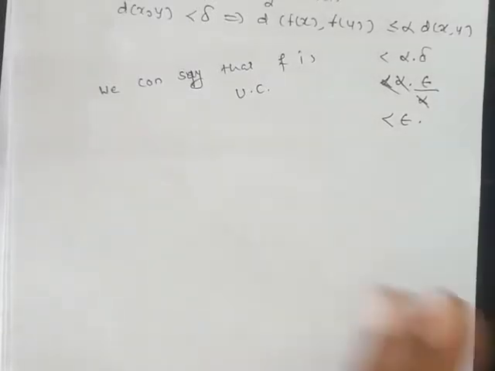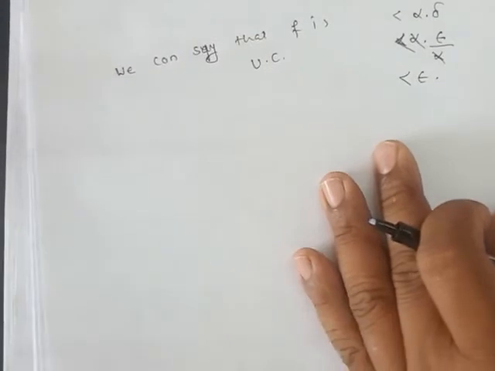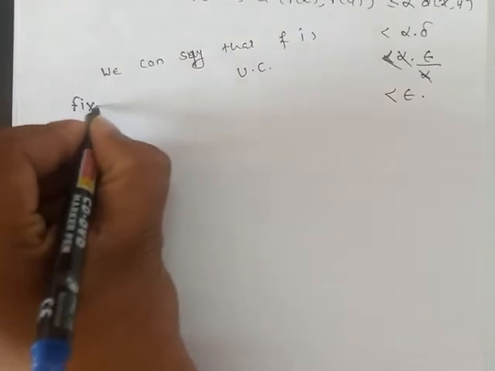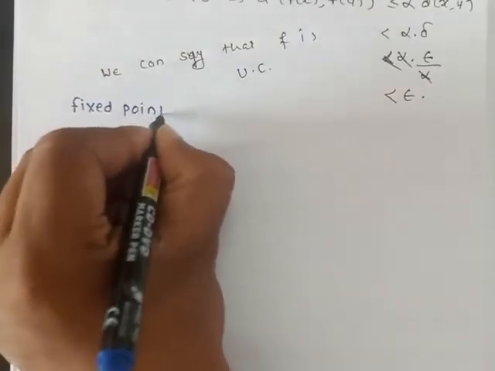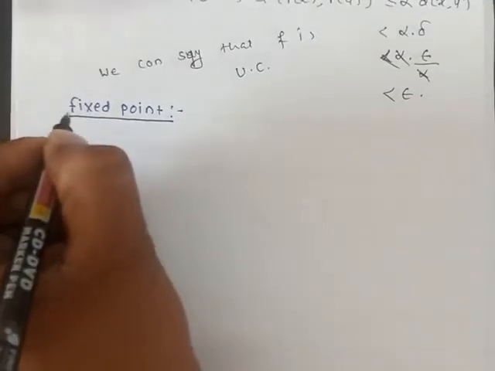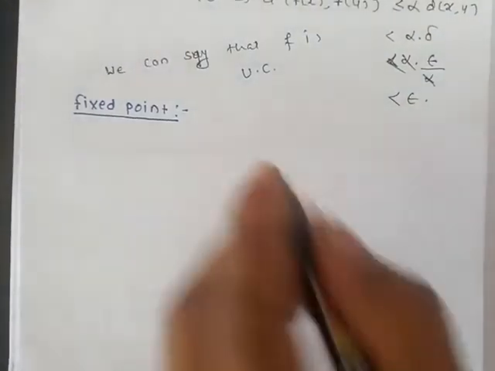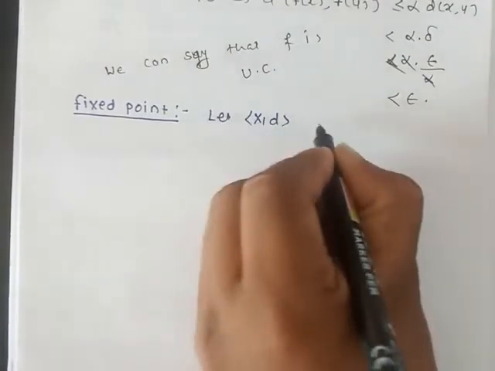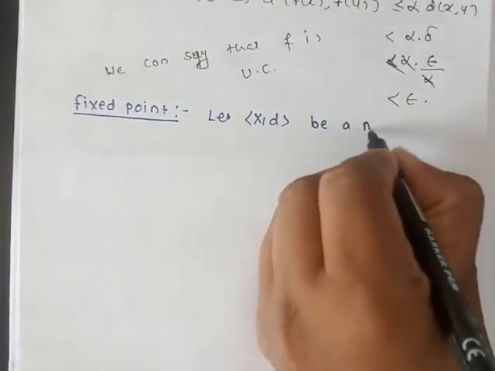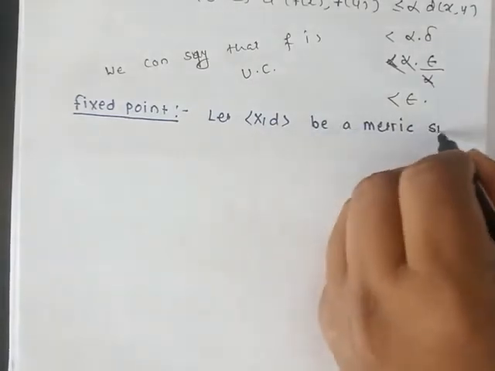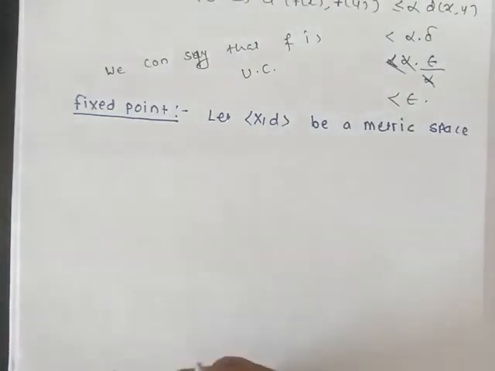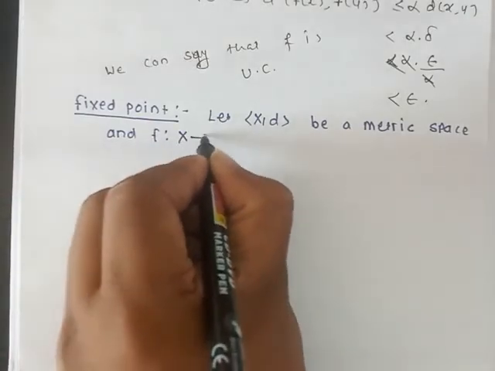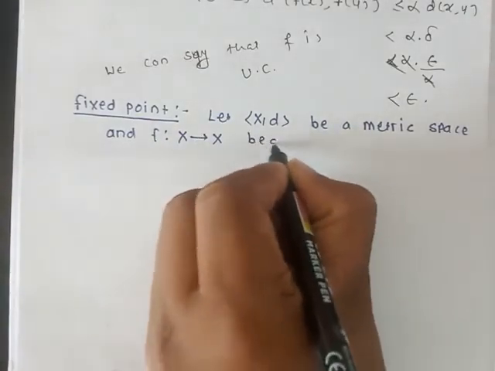Now we have the definition of fixed point. Let (X, d) be a metric space and F from X to X be a function.